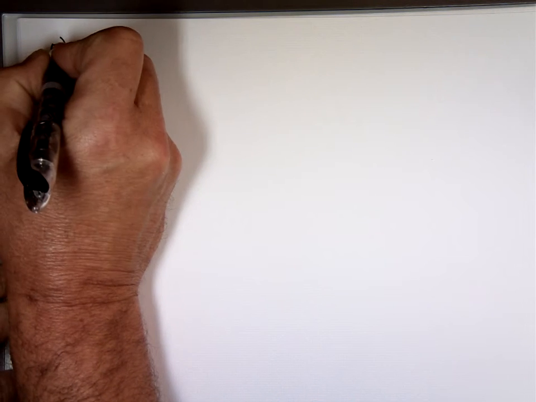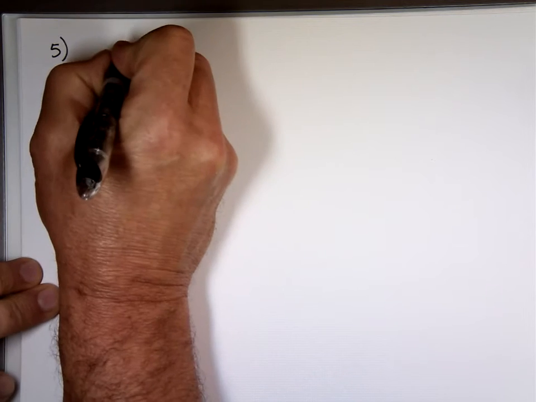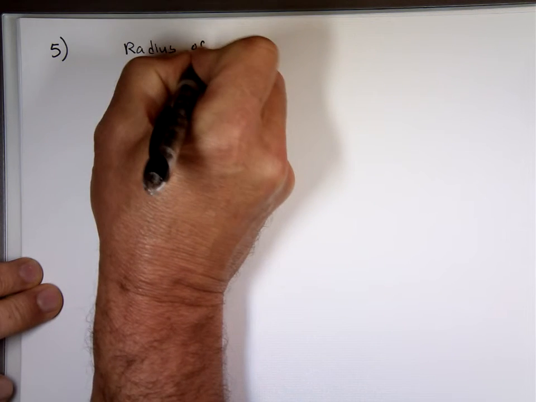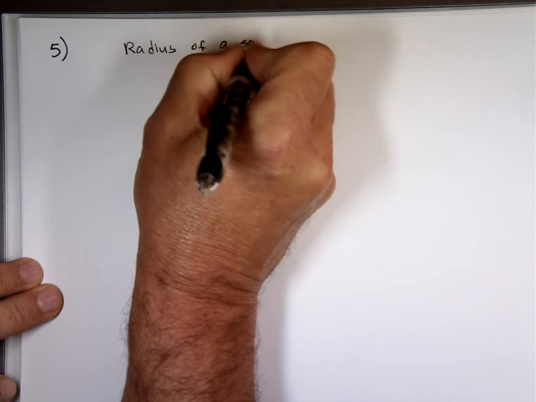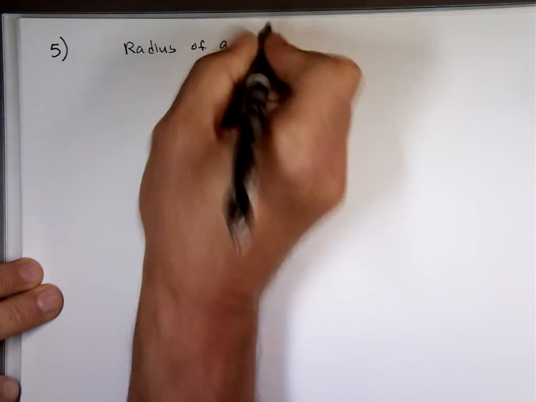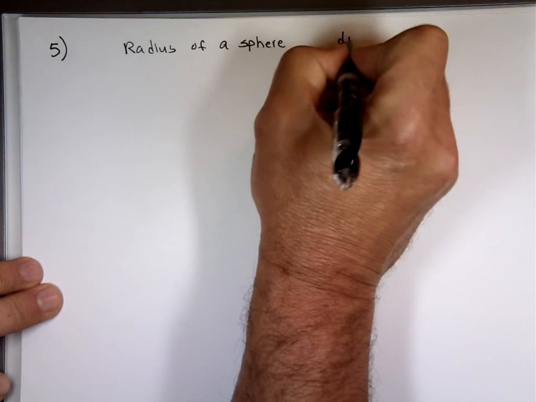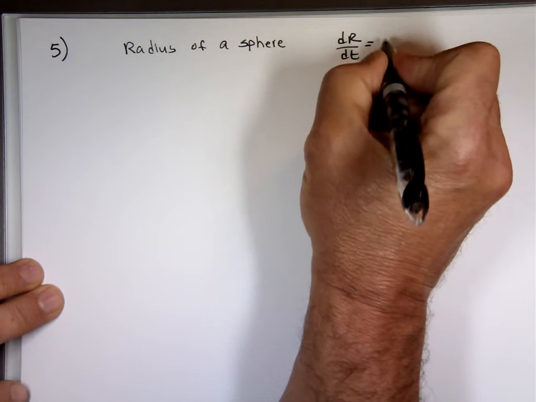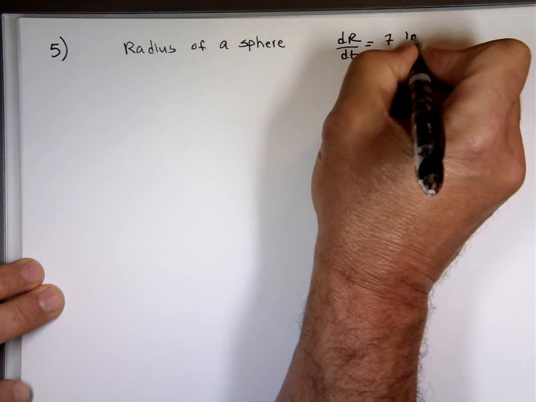And number 5, very similar to number 4, except the shape is different. The radius of a sphere is increasing at the rate dr dt, 7 inches per minute.